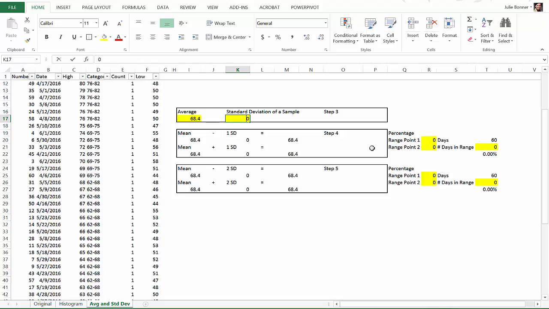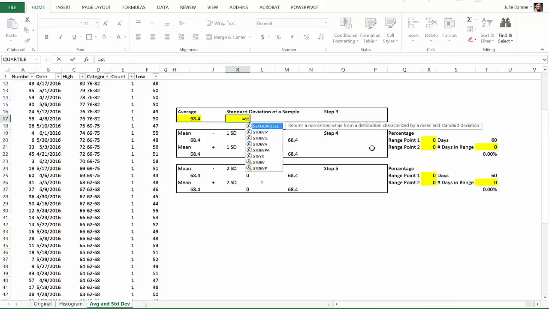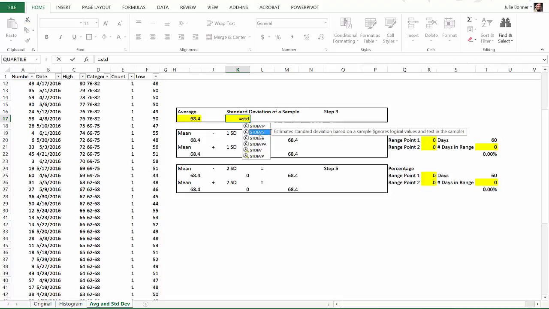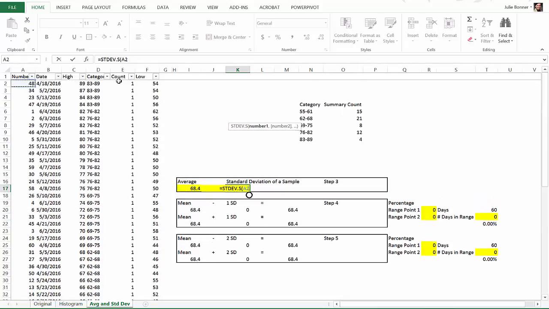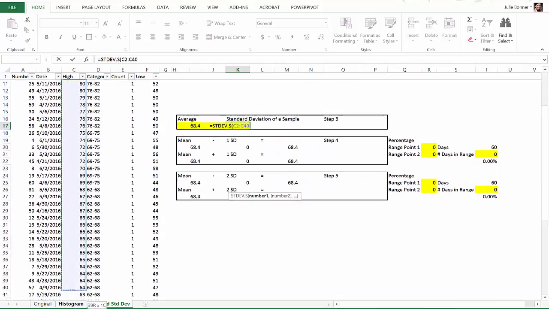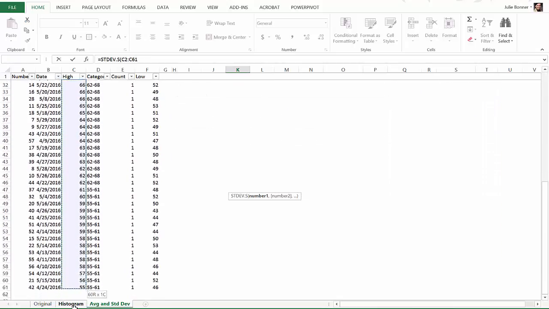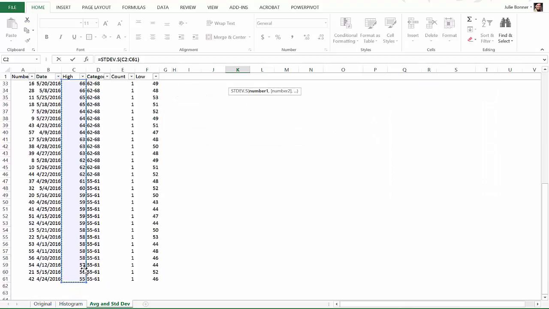So I type the equal sign again, and I'm going to type STD, and there we go. We have the standard deviation of a sample right there. So I double click that. I highlight the same number range from C2 to C61, close parentheses.